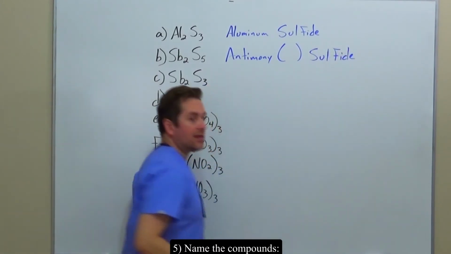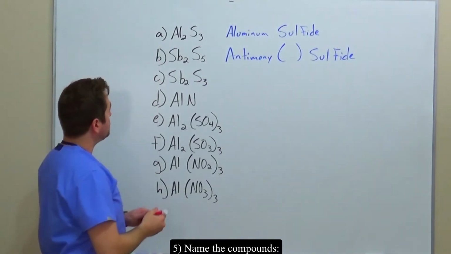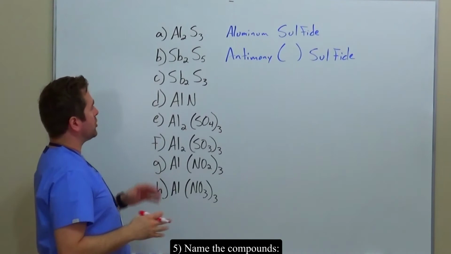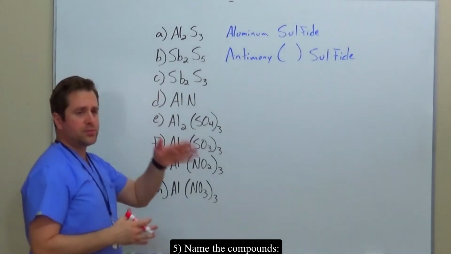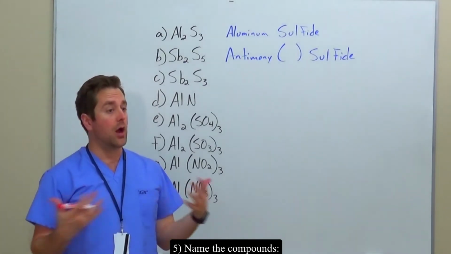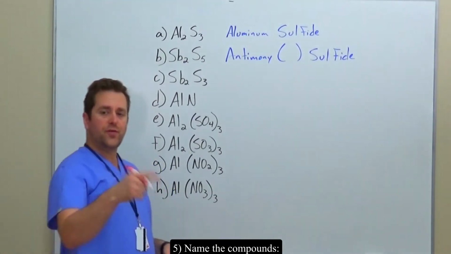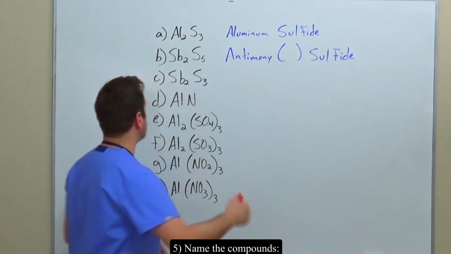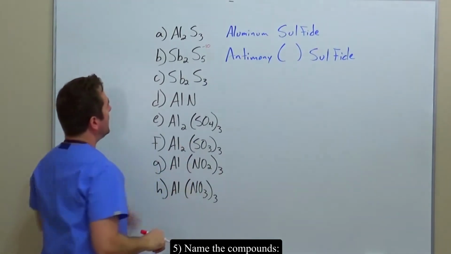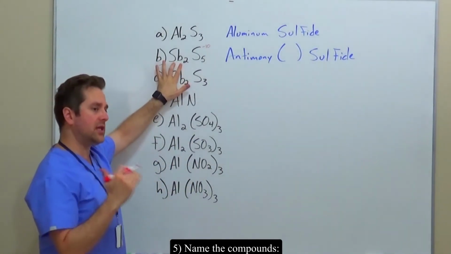Now let's get to work, and we need to calculate the oxidation numbers here. Sulfur is a group 6 element. Each individual sulfur has an oxidation number of what? -2. We have 5 of them. So 5 times -2 equals -10 overall. So I'm going to write -10 over here. So that means that this antimony has to neutralize that -10 charge.